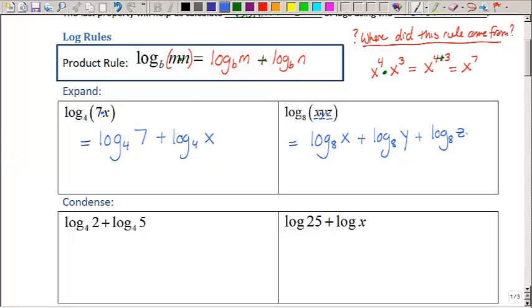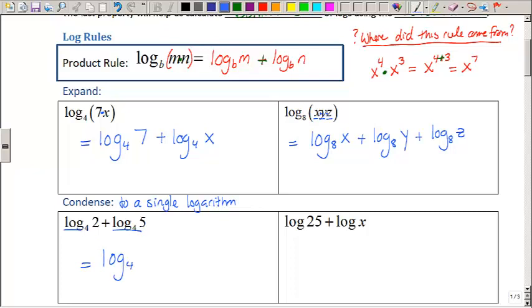The next thing I'd like to do is to use this rule to condense to a single logarithm. So notice that I have 2 logs in this question, and I'm trying to break them down into just one logarithm. So I would like this to be rewritten as just log base 4. Notice that the 4 and the 4 are the same.